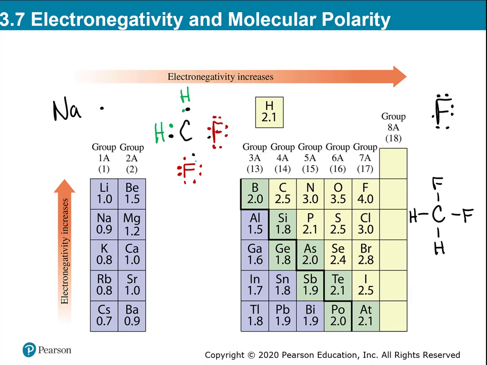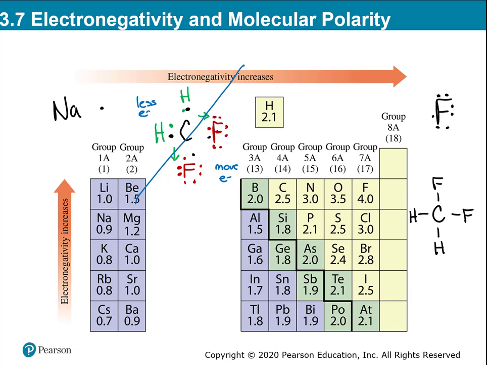But notice then that these electrons get pulled this way, the electrons get pulled towards the fluorine. So do you see that one side of this molecule becomes more electron dense? We really have more electrons over here, fewer electrons over here.